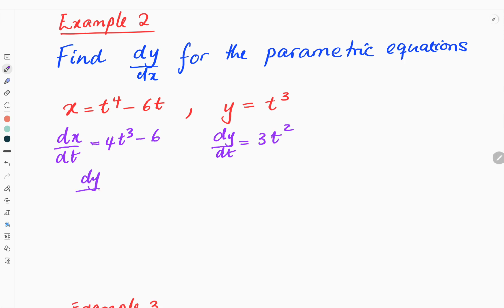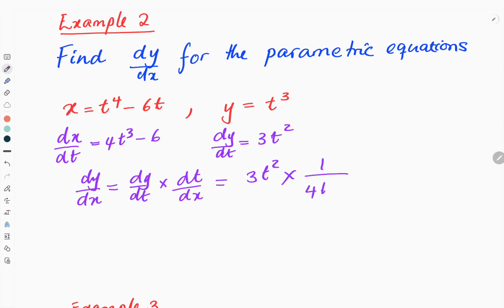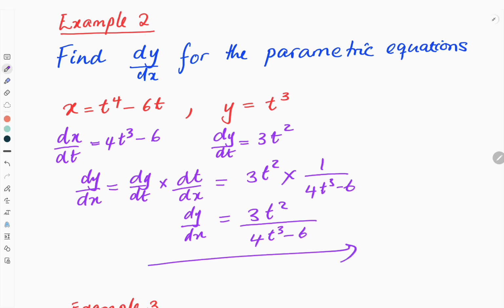And remember, dy/dx is equal to dy/dt multiplied by dt/dx, which is equal to 3t squared. Once again, we want the inverse of that, which will be 1 over 4t cubed minus 6. So dy/dx is equal to 3t squared divided by 4t cubed minus 6. And that's how you do this question.